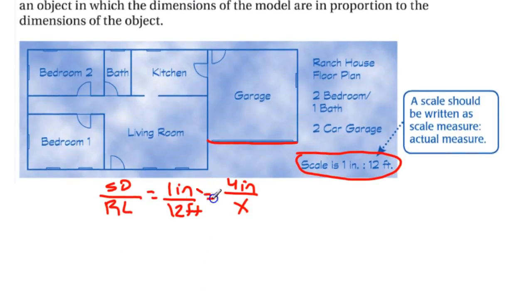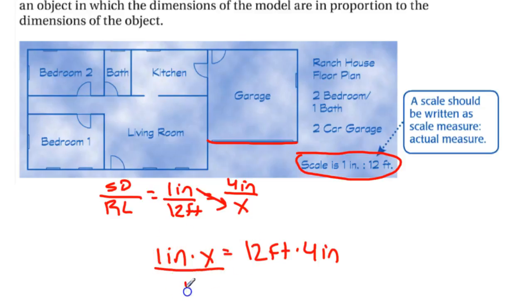So I can do 1 inch times x. Over here, I have 12 feet times 4 inches. Now I want to divide, cancel some things out. If I divide this side by 1 inch, and I divide this side by 1 inch, what cancels?